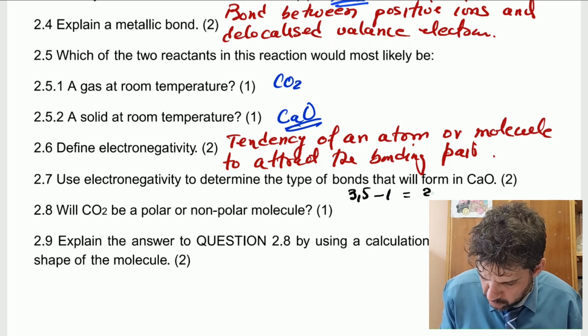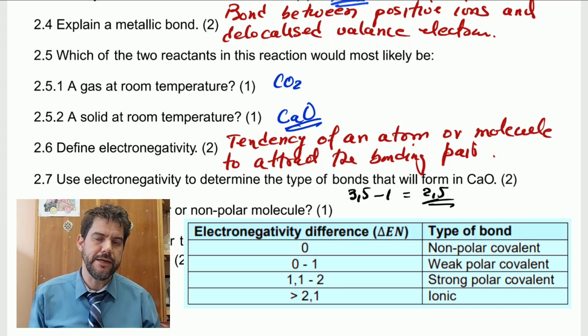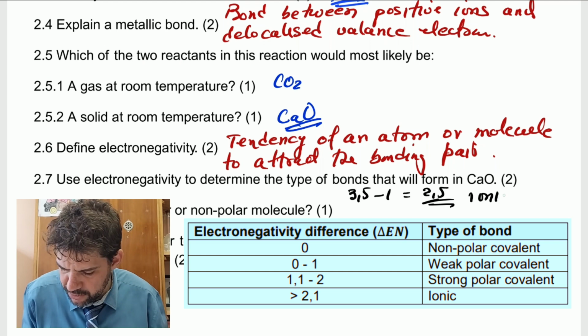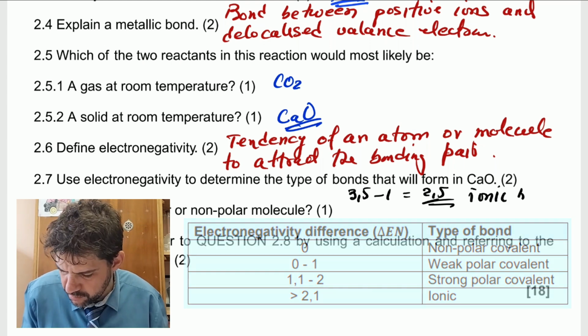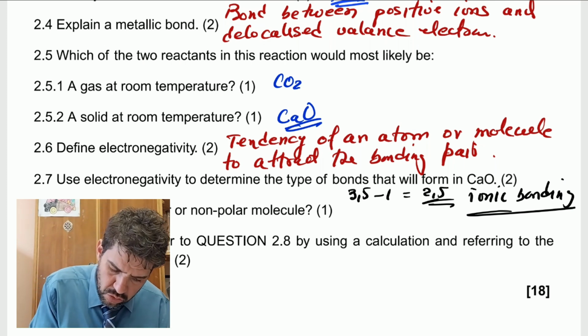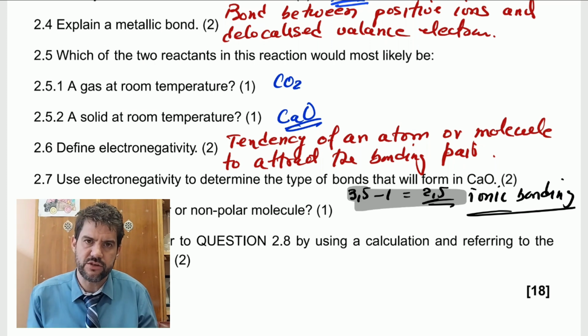This is equal to 2,5. I'm going to show you the table right here, but you need to remember that that one will be ionic bonding. You just have to show the difference in electronegativity. You have to show it because that is what to do.